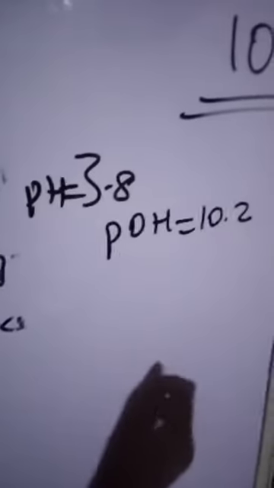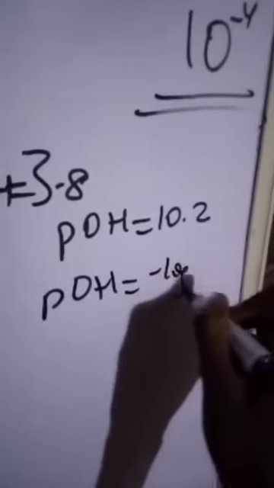This is perfect. Next one, a sample of orange juice is found to have a pH of 3.8. They said what is the concentration of OH minus? So let's get our pOH first. pOH will be 10.2 if you subtract it from 14, right? pH and pOH must always add up to 14. So pOH is equal to minus log base 10 OH minus.